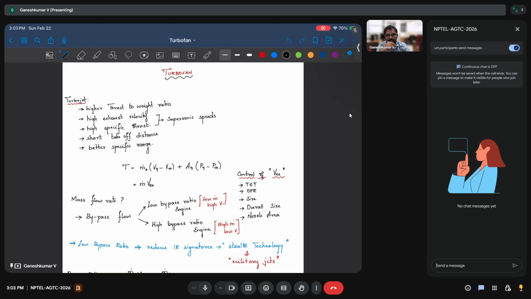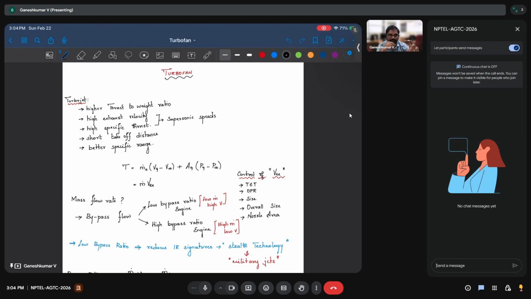Before all these components, the big fan compresses air to a certain amount and divides the flow into two streams: a bypass stream and a core stream. The core stream enters the core engine and goes through the compressor, combustion chamber, turbine, and nozzle. The bypass stream just goes through a fan nozzle and exits with a higher velocity.